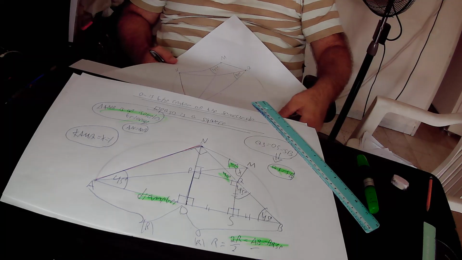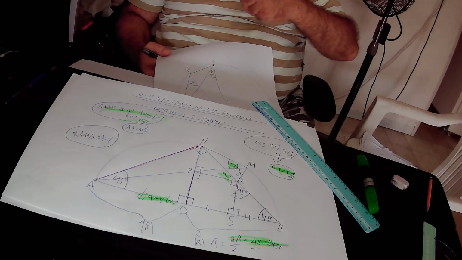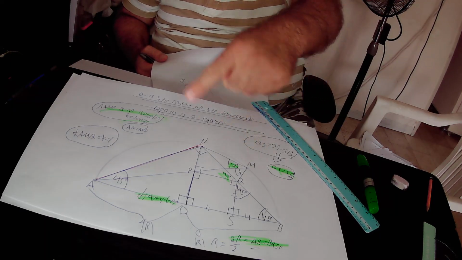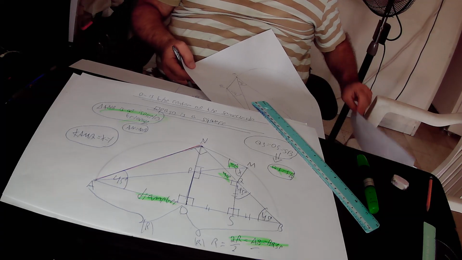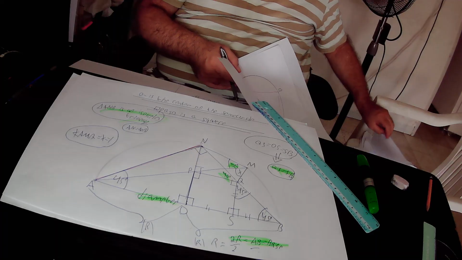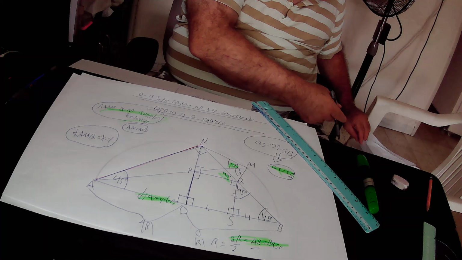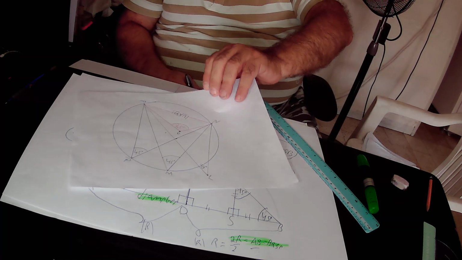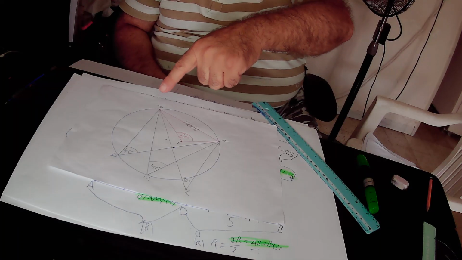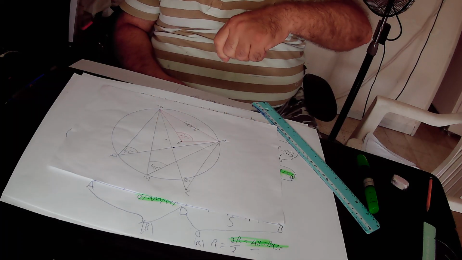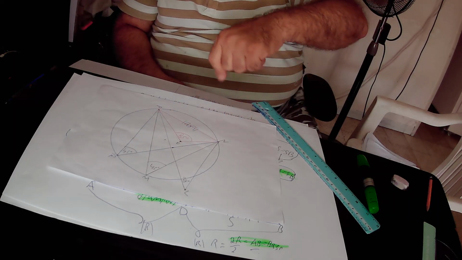So in the next step, we'll prove in a second way that this quadrilateral NMQP is a cyclic quadrilateral. First of all, we have peripheral angle PQN that equals 45 degrees and subtends chord PN.